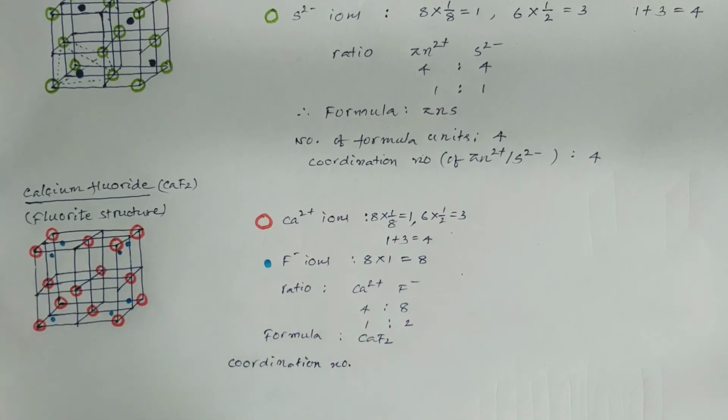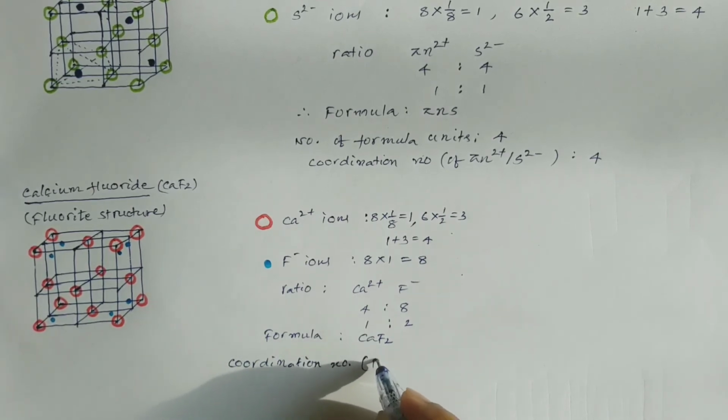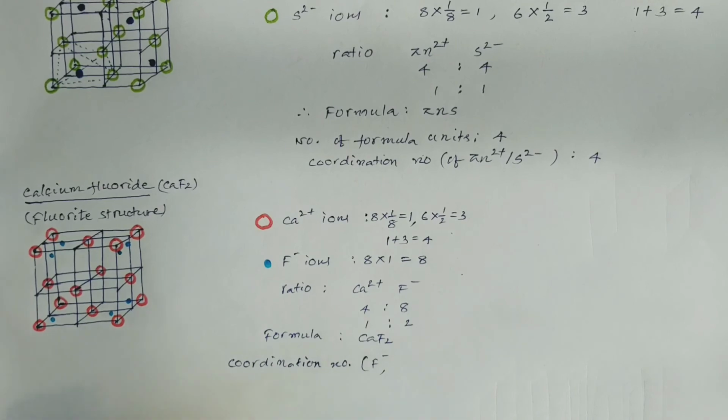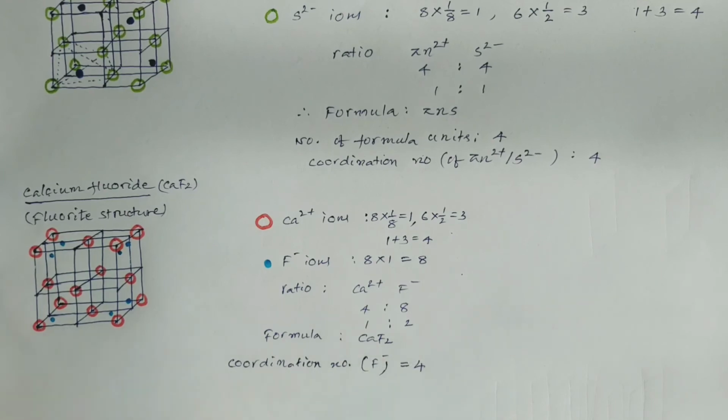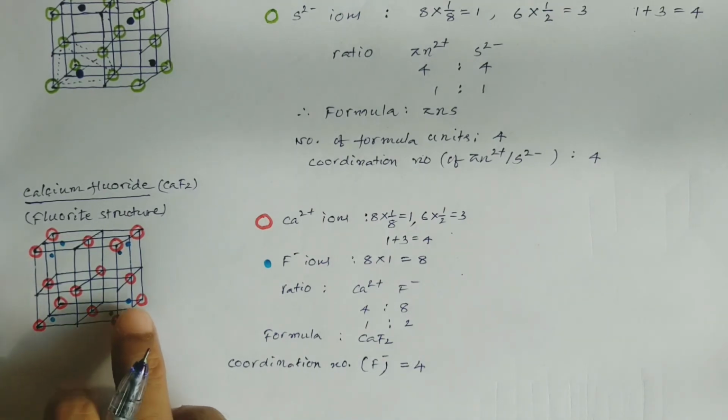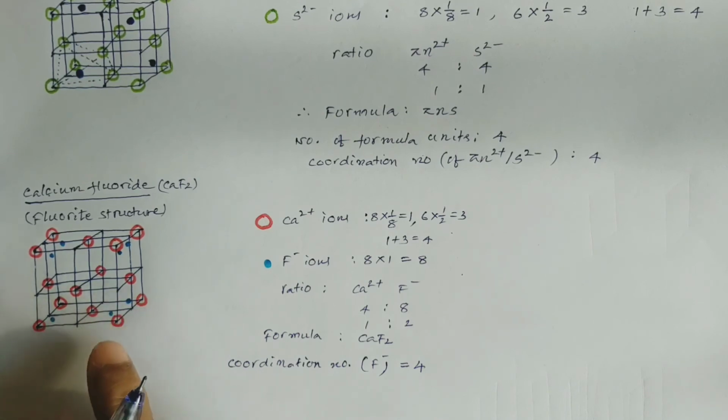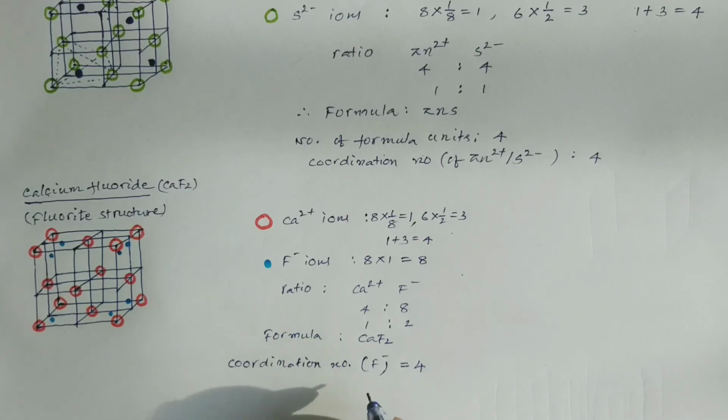So the coordination number of fluoride ion is 4, whereas if you take calcium ion, it is surrounded by 8 fluoride ions. So the coordination number of calcium ion is 8.